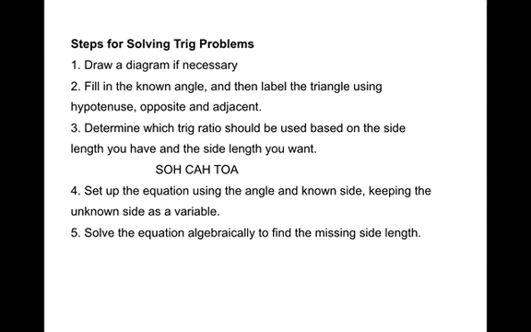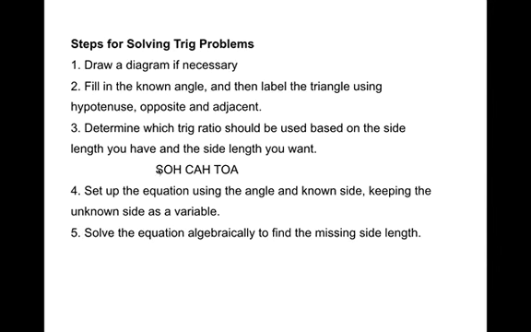We'll start on just looking for missing sides, so one of the angles will be told to you, and then label your triangle using those three terms: hypotenuse, adjacent, and opposite. From there, you decide which trig ratio you want to use based on the side lengths you want. You may have remembered this from last year, something called Sohcahtoa.